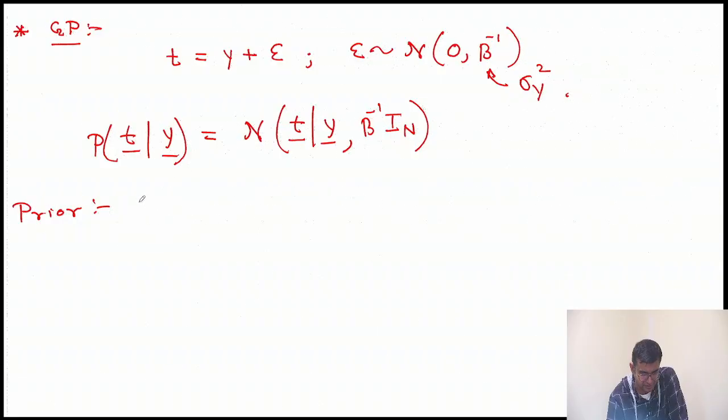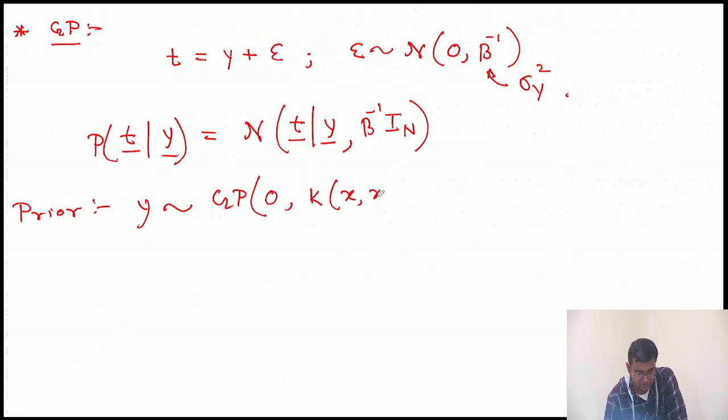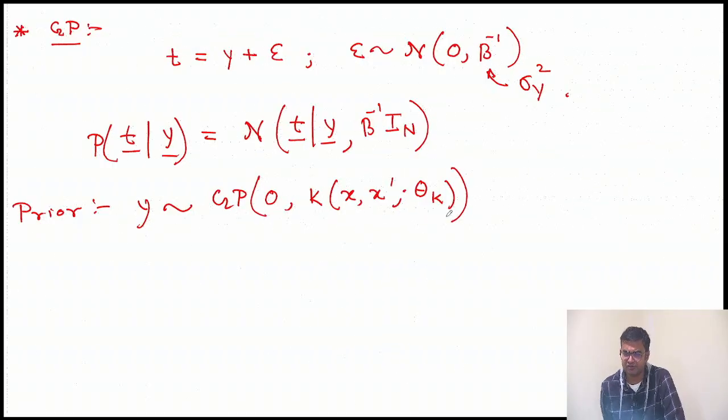So the prior you assign on y is a GP, 0 mean, covariance kernel of x, comma x dash, semicolon theta k, where theta k is your hyperparameter, which includes the length scale parameter and process variance, both of those, right?